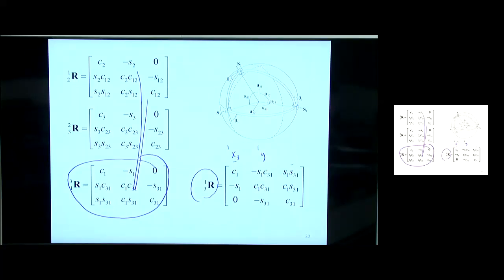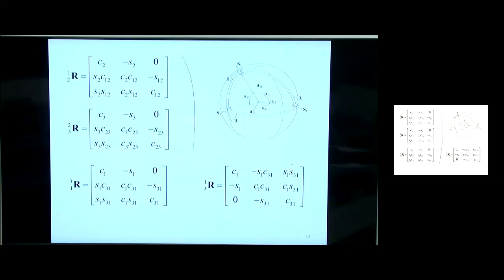Okay. So now that I've got these matrices written down, let's take S3 in the third, which I know is 0, 0, 1. And I'm going to bring it to the first coordinate system by going through the second coordinate system. We did that last week or sometime.